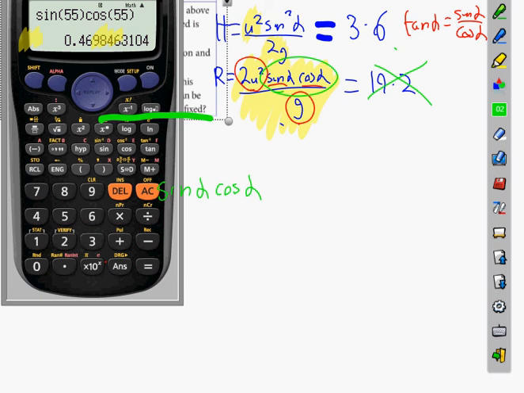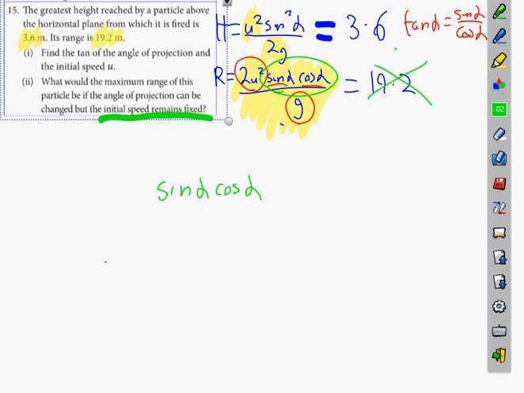Is that right? So, therefore, this formula here now becomes, for the maximum angle, 2u squared sine 45 cos 45 all over g. Sine 45 cos 45, we already know when you multiply them they make a half. So you can get rid of that, it makes a half.